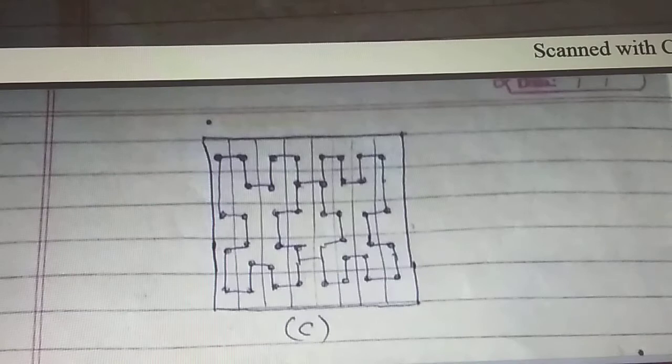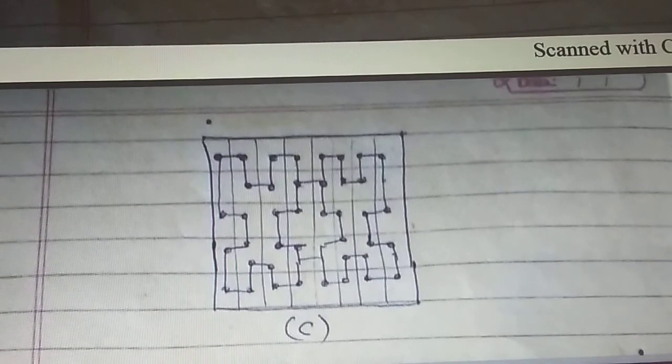Then go on subdividing in such a way, and there is no limit for subdivision. You can go on dividing here. The topological dimension must always be equal to 1, so d_t is equal to 1, as the curve is equivalent to a line.